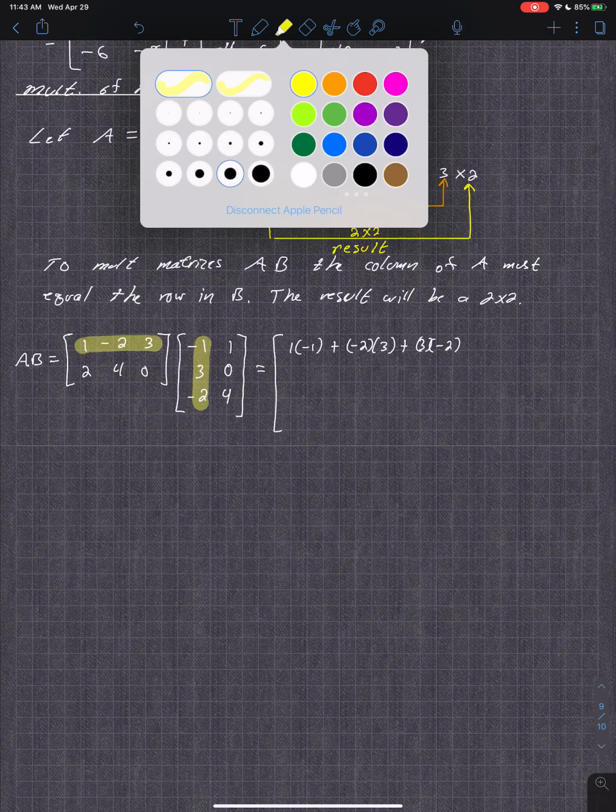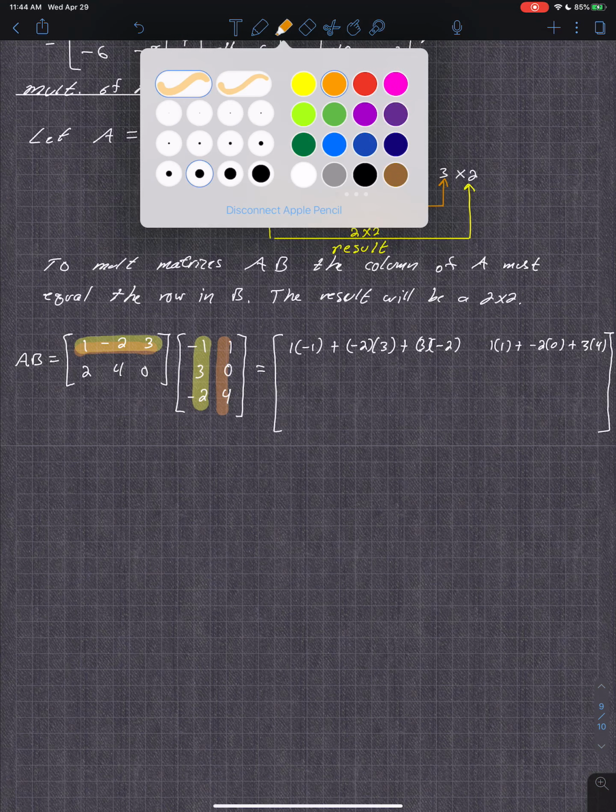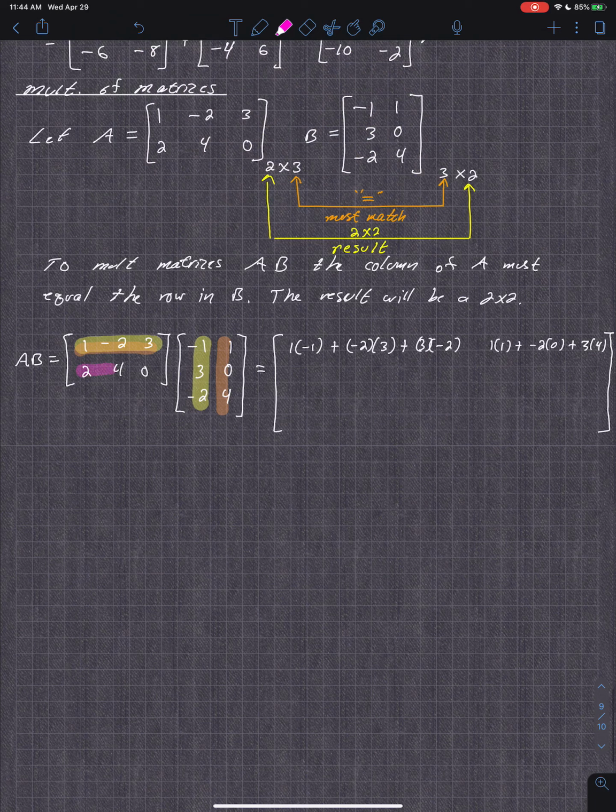Then you do this row times this column. So that'll be 1 times 1 plus -2 times 0 plus 3 times 4. And then your next will be down here. You're going to do this row times this column.